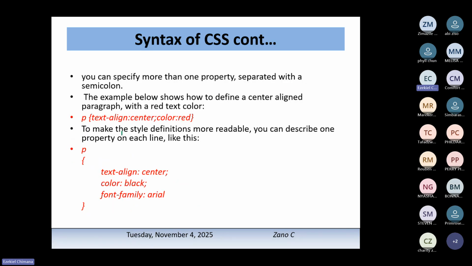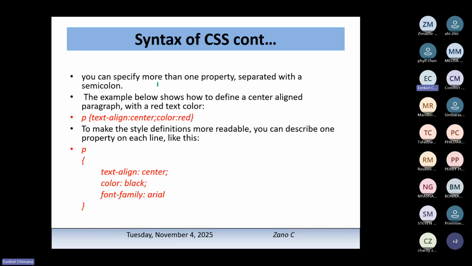There are a lot of properties and their values. You could talk about margin, margin top, margin left, margin right, or floating. There are a lot of things in CSS, and it's your work to look around those properties and values and how they affect the HTML element.